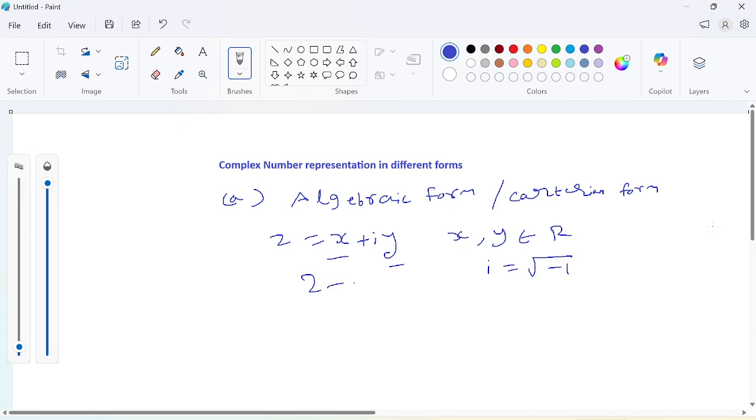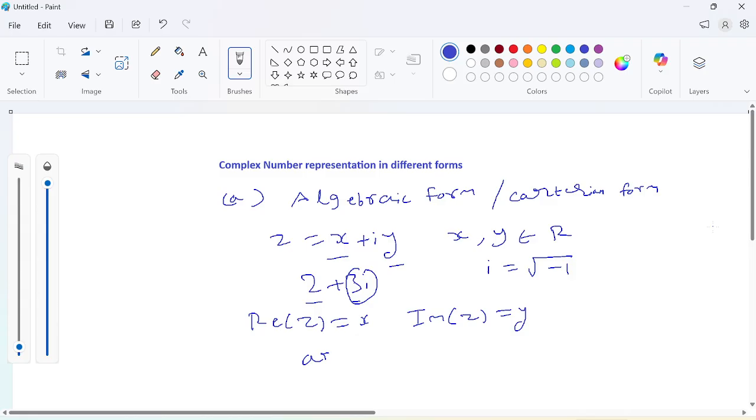For example, 2 plus 3i: 2 is a real number, 3 is also a real number, but the complete term 3i is imaginary. So every complex number is of the form z equal to x plus iy, where real of z is equal to x and imaginary of z is equal to y.